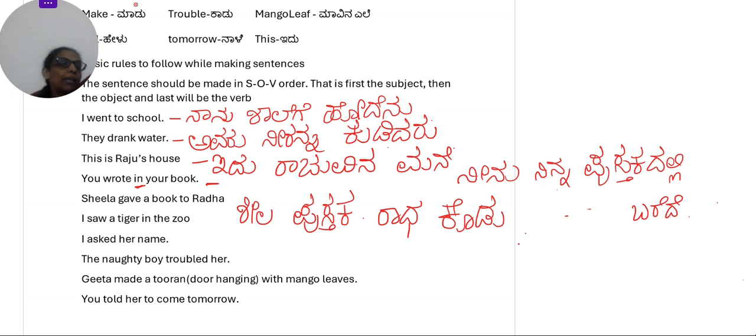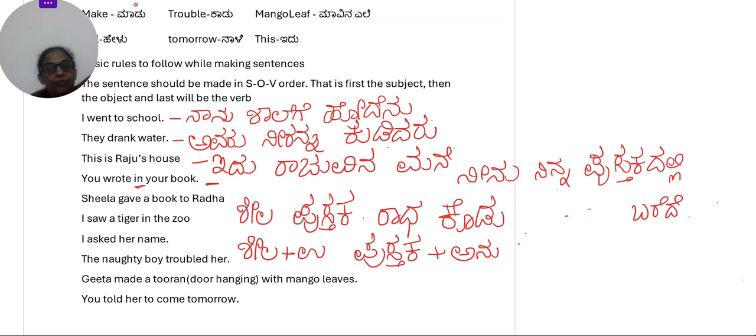Now let us apply the vibhakti and the past tense. So Sheila is a subject. And remember for the subject we have to add the pratyaya or the suffix u. So Sheila plus u. Okay. Now pustaka is the object. So we know that for pustaka we have to add annu. Then to Radha. She gave the book to Radha, right?